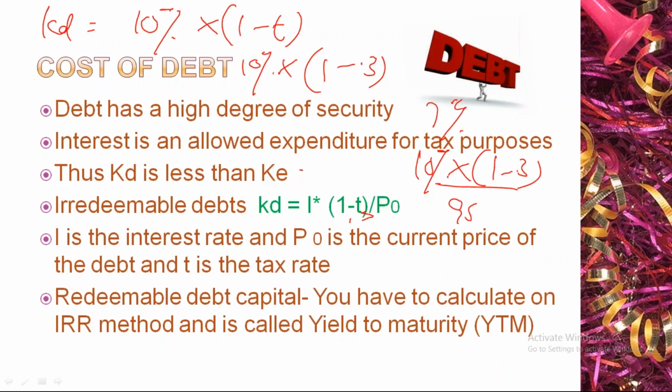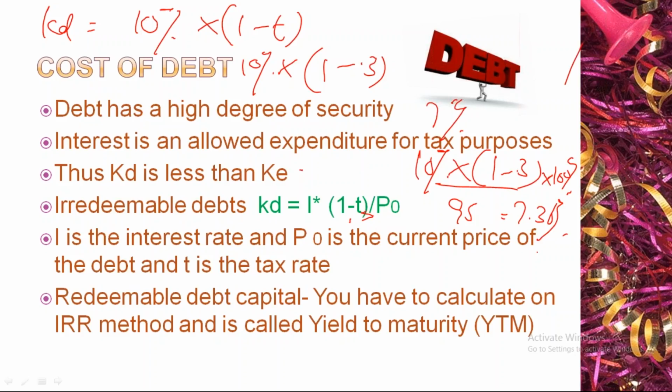Now you can work it out. As a percentage, it is 10% times (1 minus T), which is 0.7, so 7%. 7 divided by 95 will give us, as a percentage, 7.36% as cost of debt.